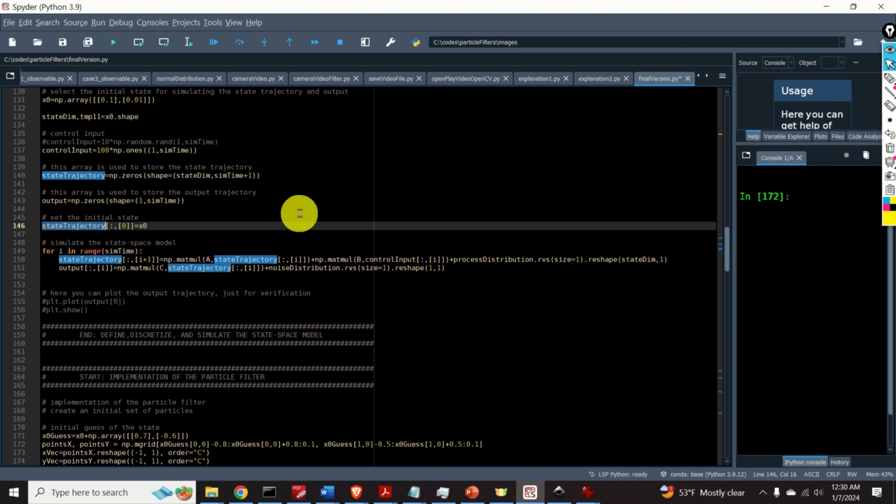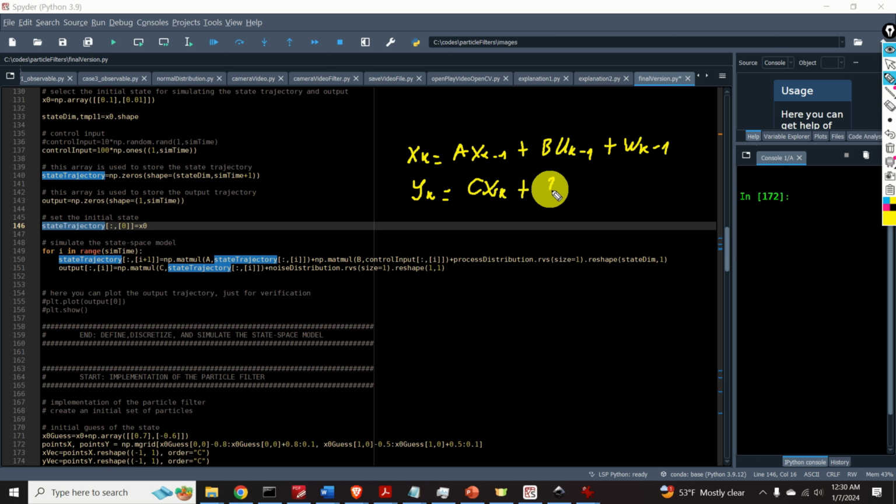Here it is. What do we do over here? By using this for loop, we are actually propagating this state space model over time. xk is equal to A xk minus 1 plus B uk minus 1 plus wk minus 1. And the output yk is equal to C xk plus vk. Okay, so what do we do over here? Over here, we create a sample of wk minus 1.